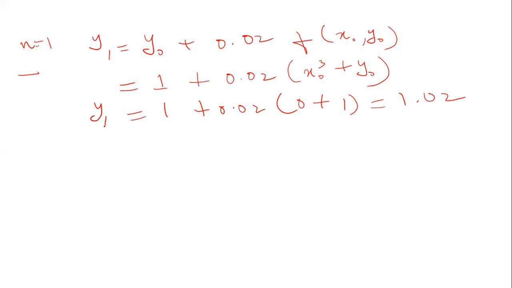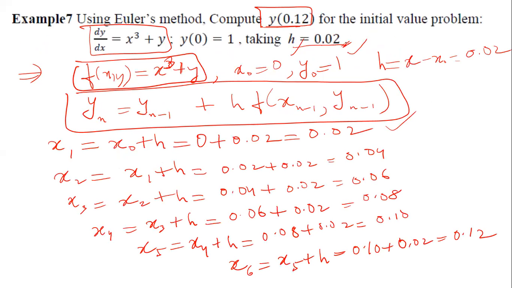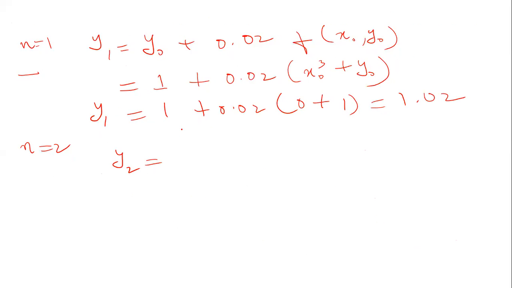Once I know y1, I can arrive at my y2, with n equal to 2. According to this formula, 2 minus 1 is 1, so y2 is y1 plus h, which is 0.02, times f of x1, y1.